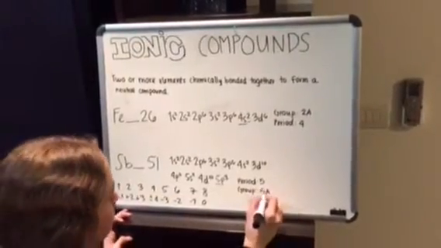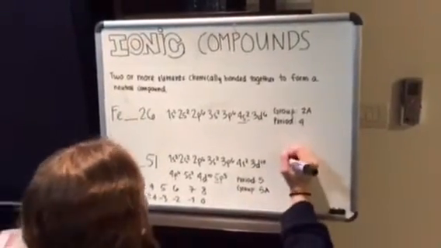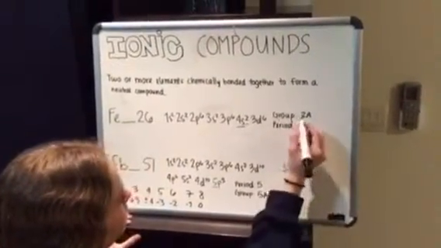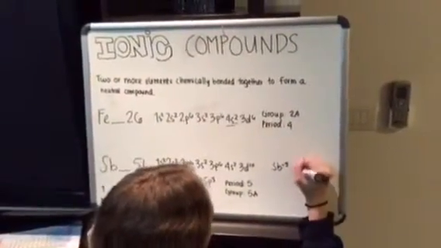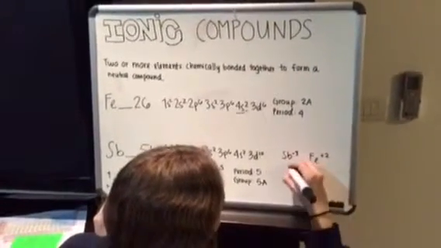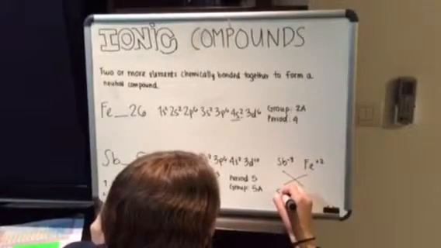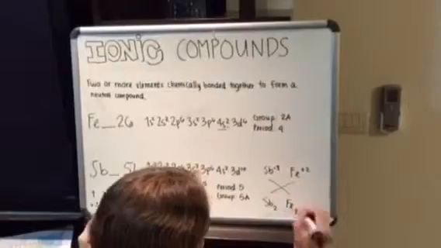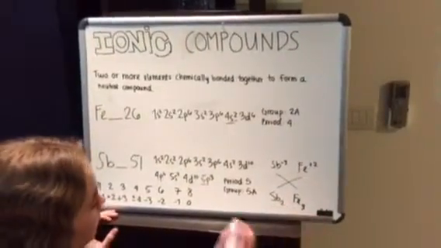And here we have 5A, that should be Sb minus 3. And then here we have 2A, that should be Fe plus 2. And then we cross them, and it will be Sb2 Fe3. And here we don't simplify them.